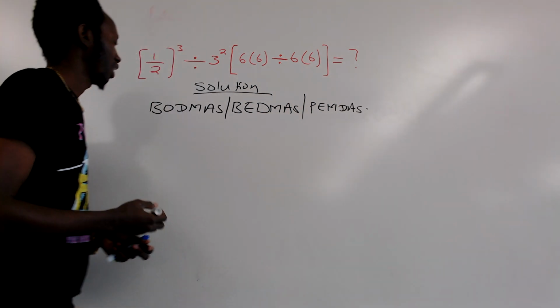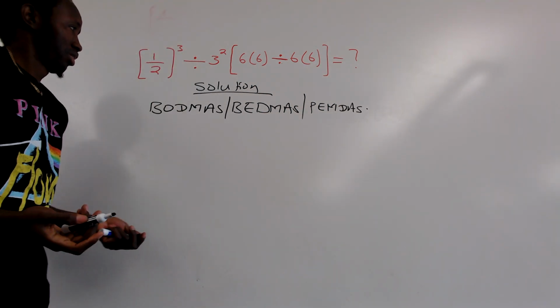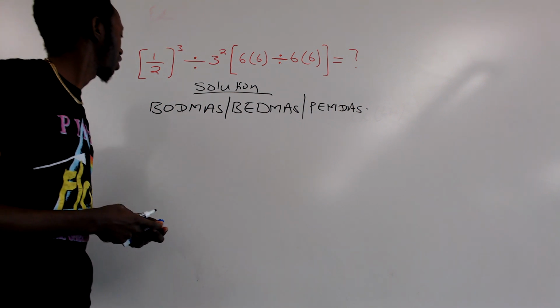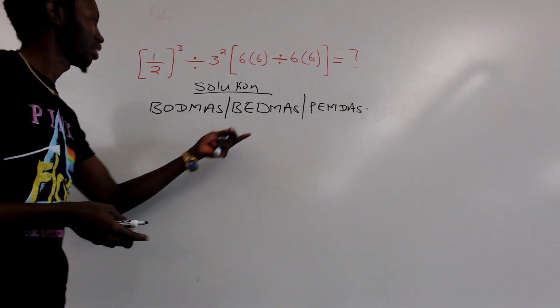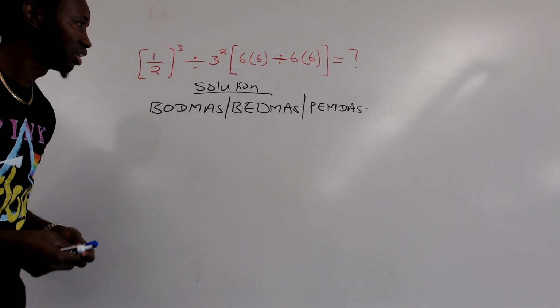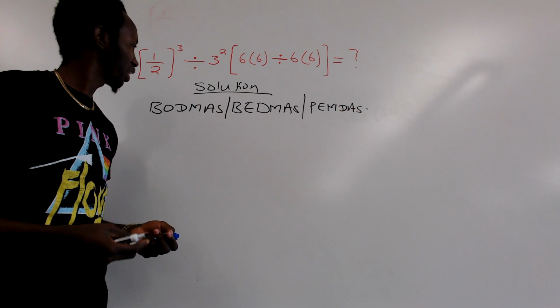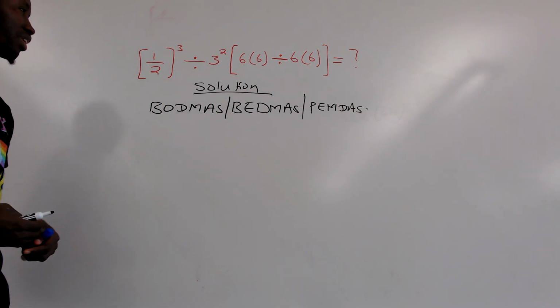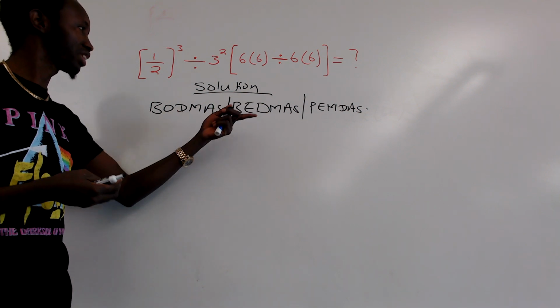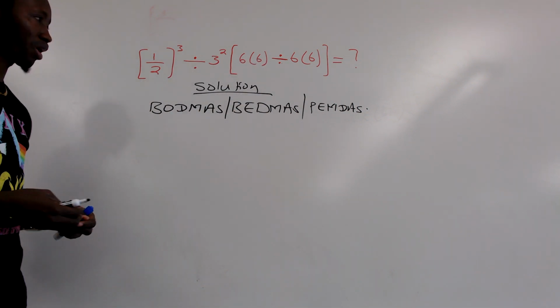BODMAS is widely used mostly in Africa, BEDMAS in the UK, and PEMDAS is widely used in the USA. So it just depends, because BODMAS is common in Africa. But either of these words can be used conveniently to solve this particular problem.